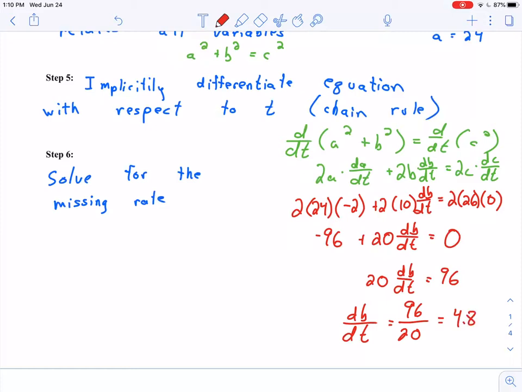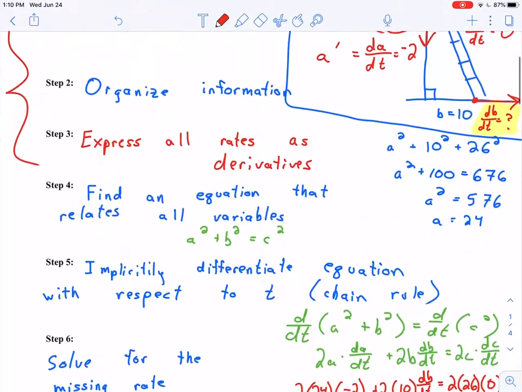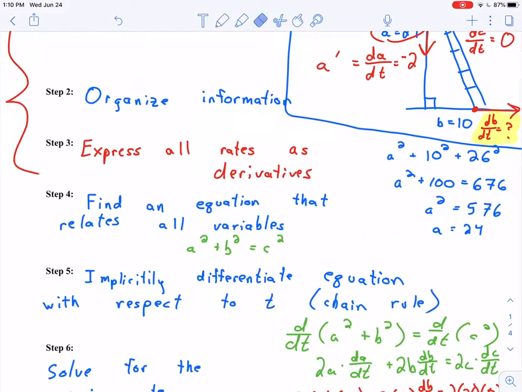There's two things I want to check at the end. First, I would recommend that you check the sign of your answer. So here we have a positive 4.8. And just ask yourself, does that make sense for our problem? Because sometimes a positive answer might not make sense. Go back and look at what's happening in the problem here.